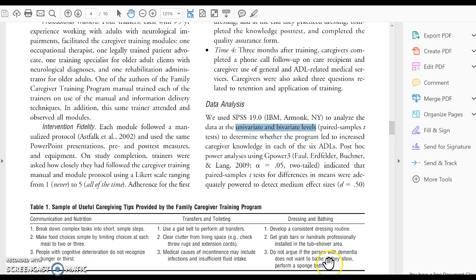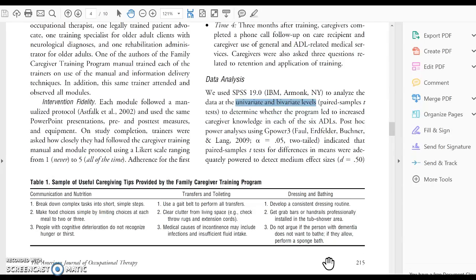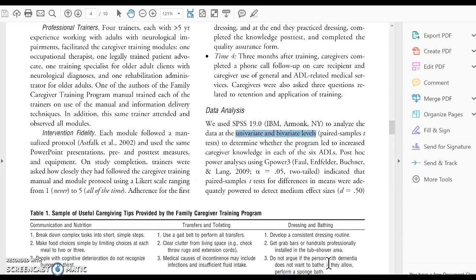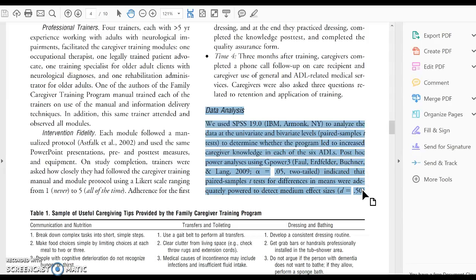So this is page 215 of the article that we're looking at. Here's data analysis. So go ahead and skip down there and let's talk about this first paragraph. We used SPSS 19.0 to analyze the data at univariate and bivariate levels. Paired samples t-test to determine whether the program led to increased caregiver knowledge in each of the six ADLs.